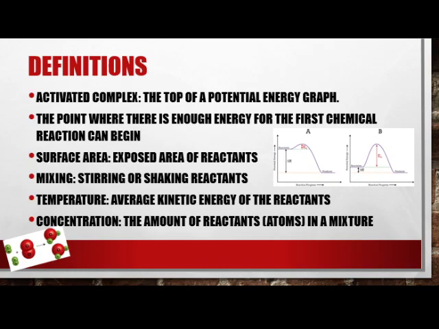If they're not moving, we're at 0 Kelvin, and that is just theoretical. Remember when we talked about that last semester, we have never seen anything stop moving completely, but there is a theory of 0 Kelvin. Concentration is our last one, and it is the amount of reactants or atoms in a mixture. We'll see how concentration makes a difference.